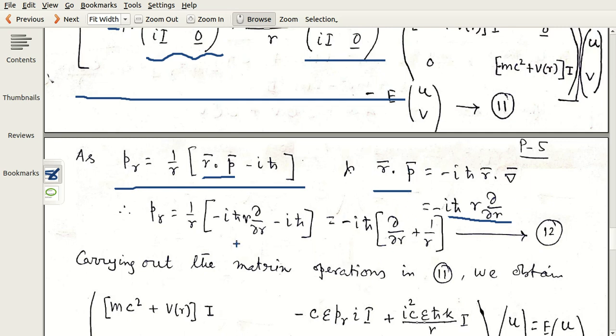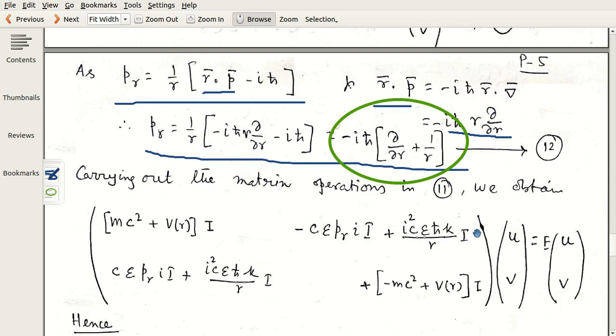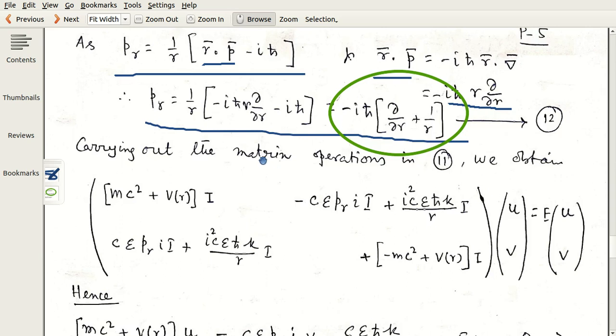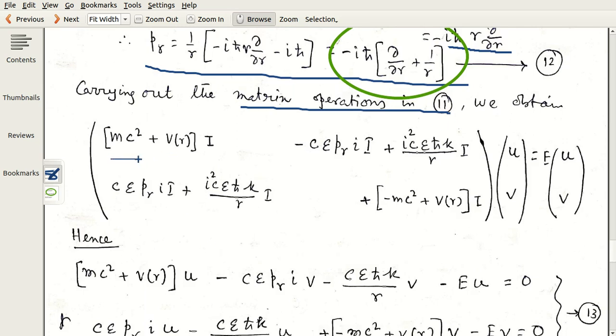So replace it here to obtain p r equals minus i h cut del del r plus 1 by r. Now we will use this one, and we carry out all the matrix operations in equation 11. First we multiply this coefficient with the matrix elements, then we do the element wise sum to find out that this is the 1 1 element, and so on.